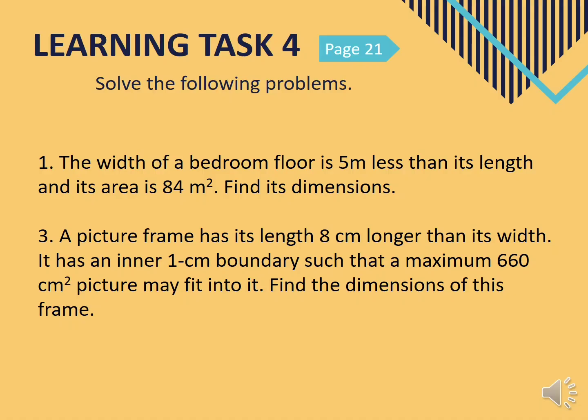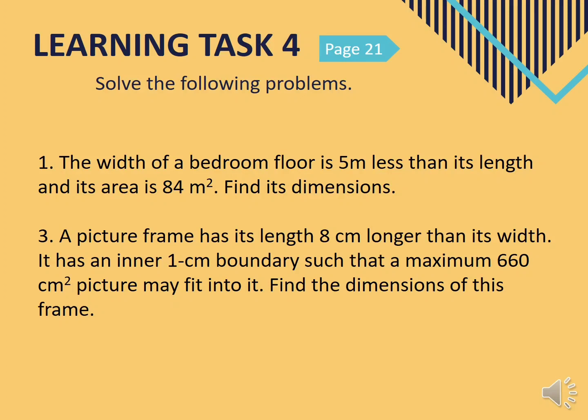For your task, on your Learning Task number 4 on page 21, you need to solve the following problems on a clean sheet of paper. Just do item number 1 and item number 3. Item number 1 states that the width of a bedroom floor is 5 meters less than its length, and its area is 84 square meters.